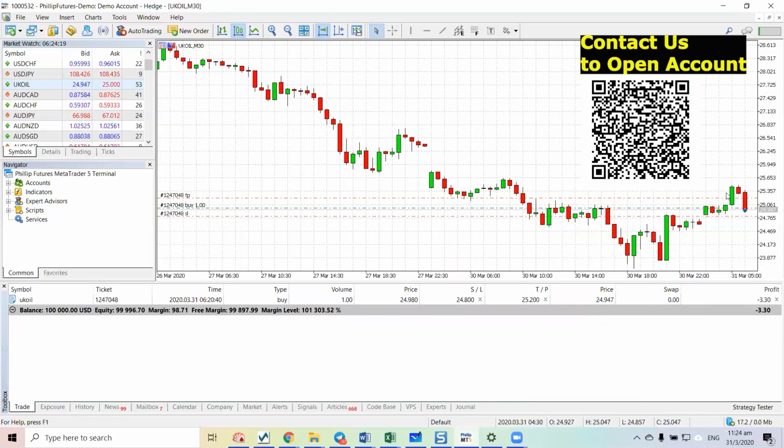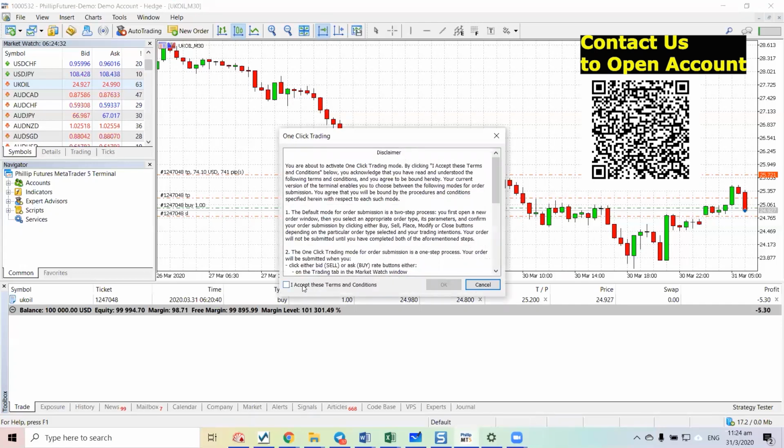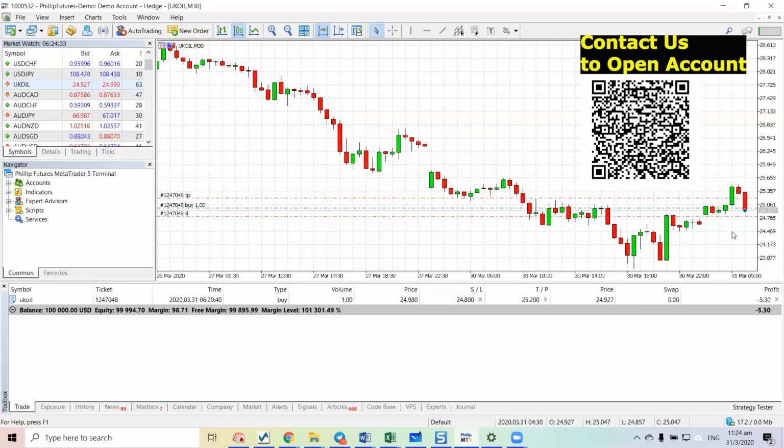Then we can see that the movement right here is actually very easy to hit the profit target or very easy to hit the stop loss. Over here you can also adjust the target price, accept the terms and conditions, and also adjust the stop loss. It's very easy to do.